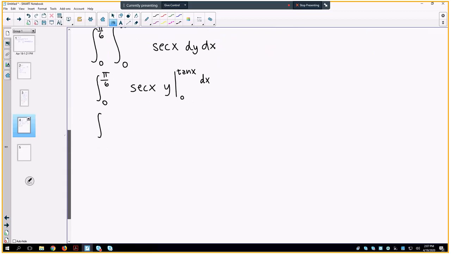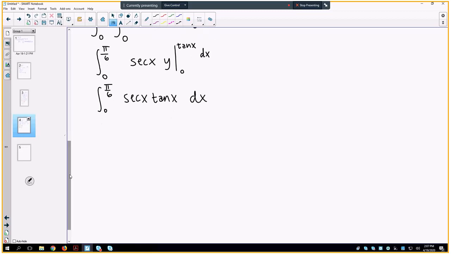So that's 0 to pi over 6, secant of x times tangent of x, and then minus secant of x times 0, but that's 0, so let's just not write it. Secant of x tangent x, I know, is the derivative of secant, which means the antiderivative of secant x tangent x should be secant.